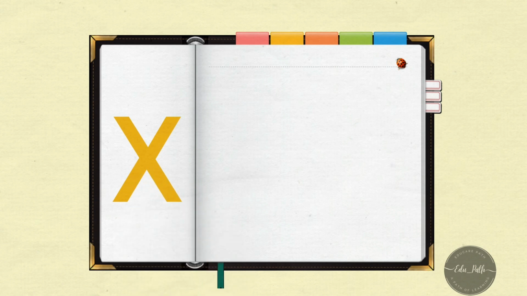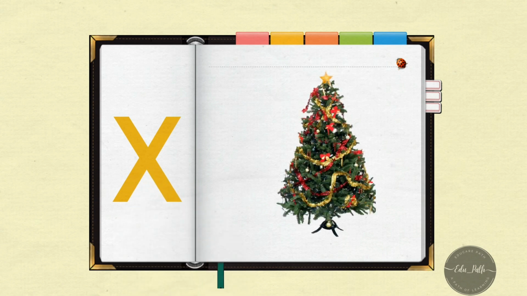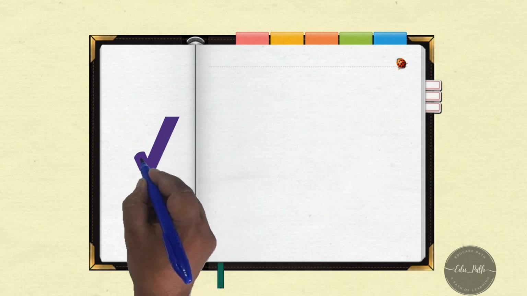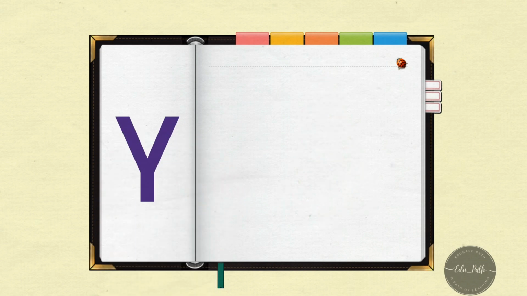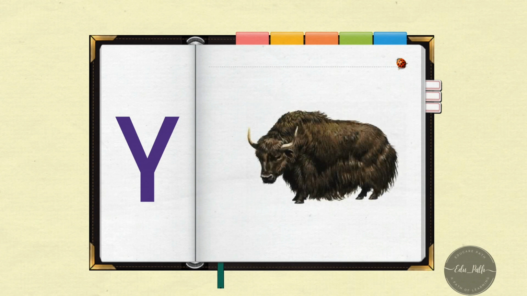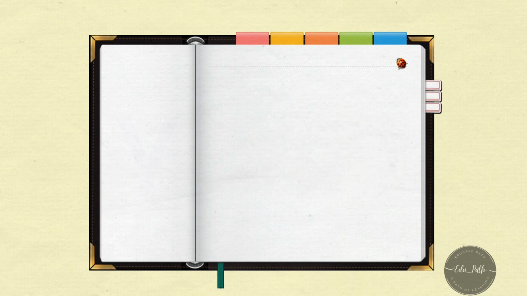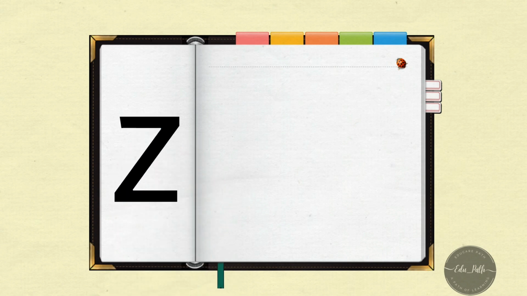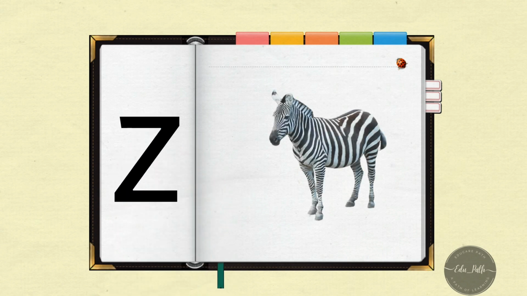X for Xmas tree. Y for yak. Z for zebra.